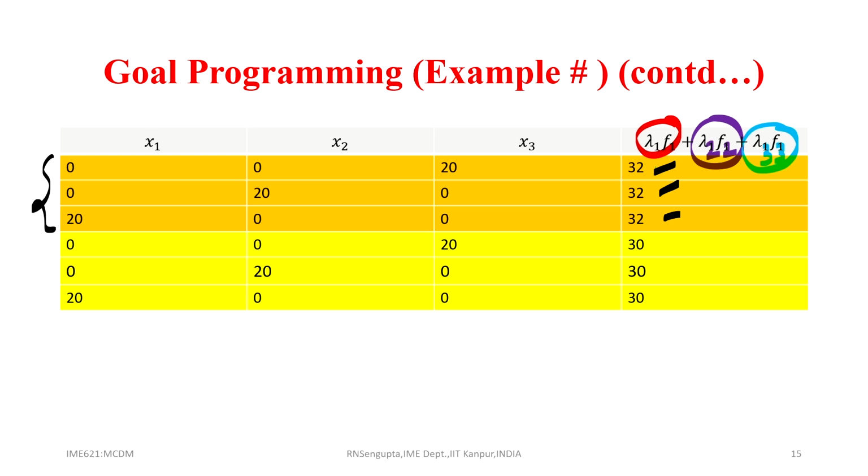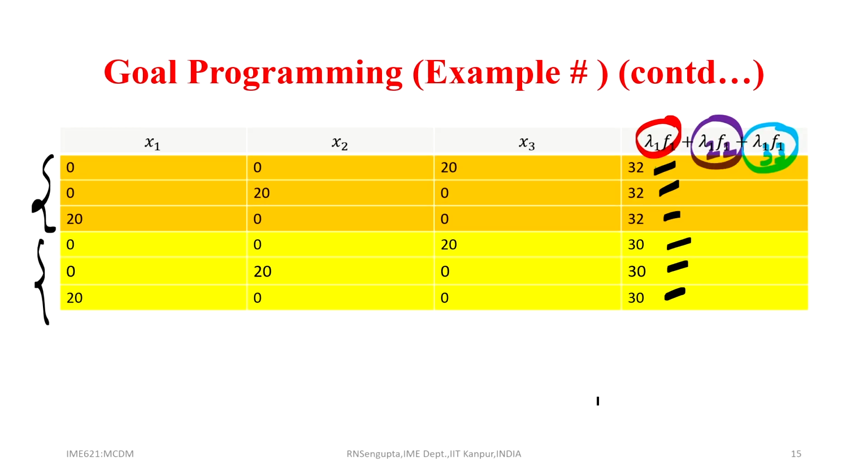Now, if I consider the objective function of 30, the Pareto points are 0, 0, 20; 0, 20, 0; 20, 0, 0. Now, the question would immediately come up that we are getting the same Pareto points. That is because we are taking the values of lambdas differently.